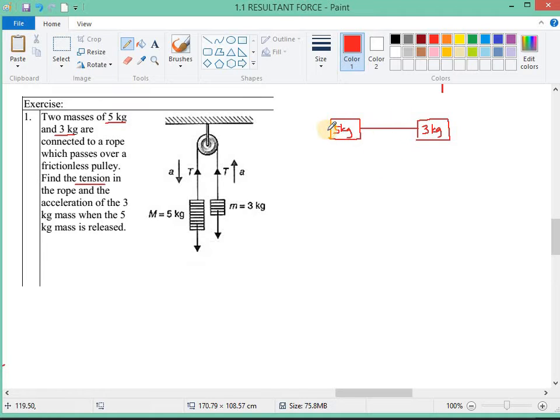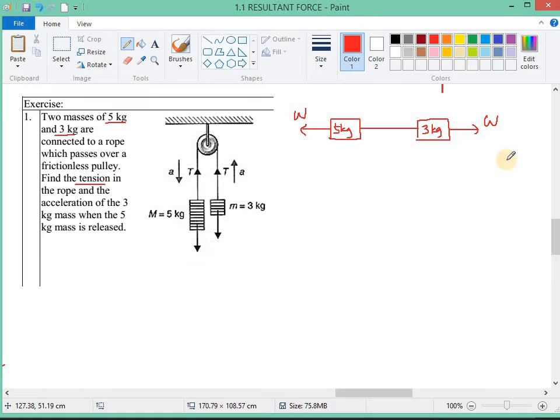And on this 5 kilogram there's a force here. This force is the weight of the 5 kilogram. We put it over to the left side. And this 3 kilogram also has a force pulling in this direction. This is the weight of the 3 kilogram.